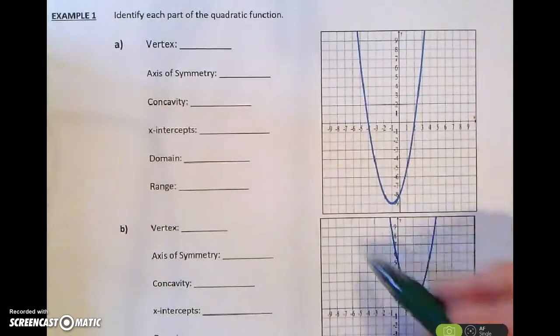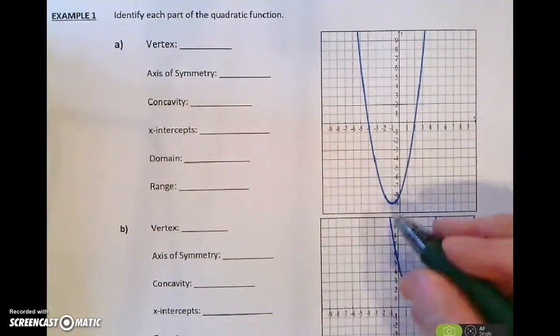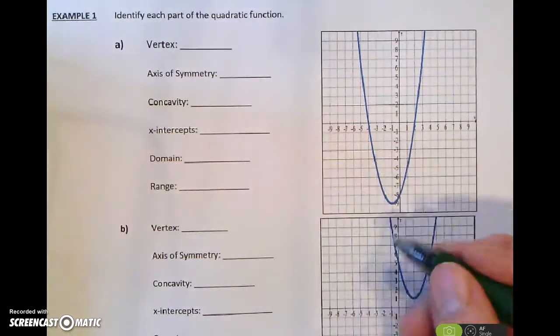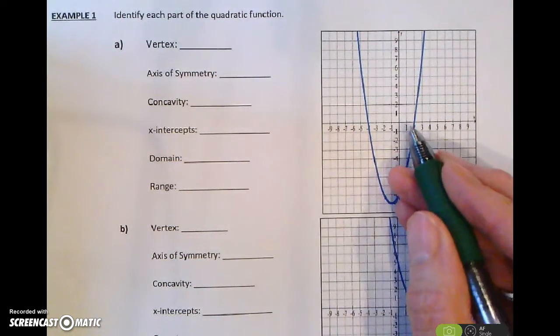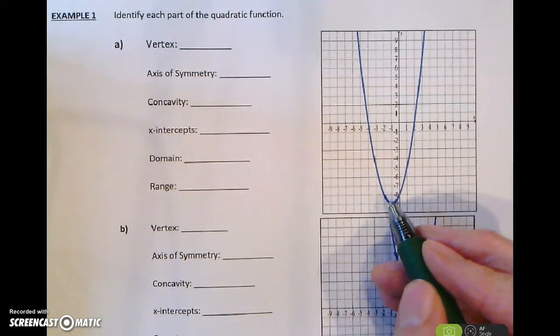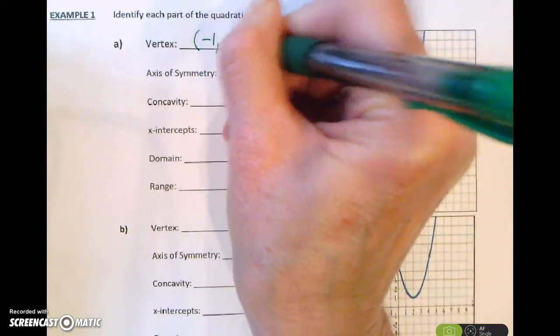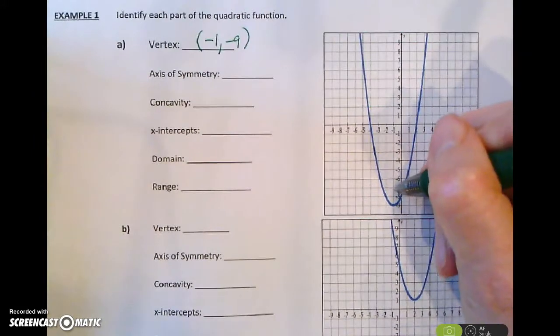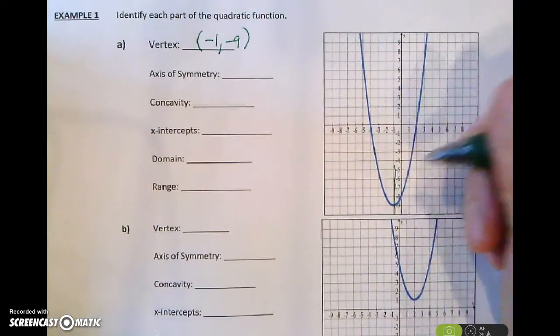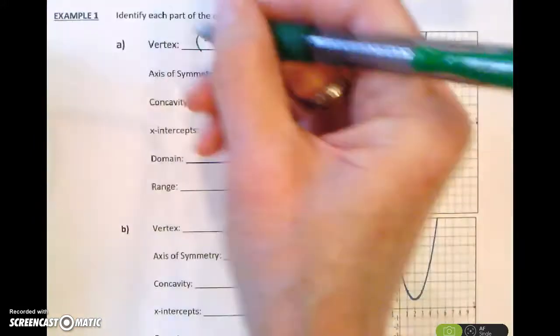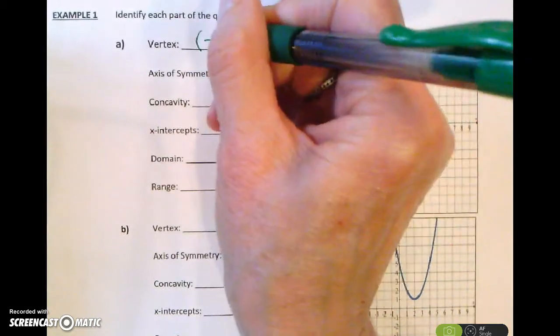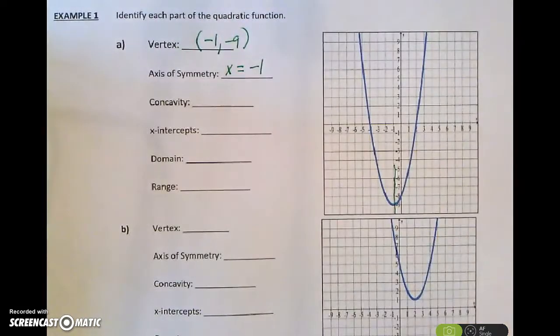All right, so let's look at a parabola, a quadratic function, and answer these questions. The vertex is the low point, so it looks like it's -1, -9. The axis of symmetry is a vertical line that goes through the middle. So it's going to be x equals the x value of the vertex, -1.